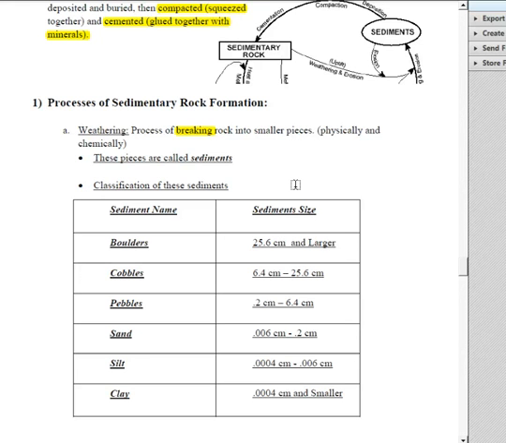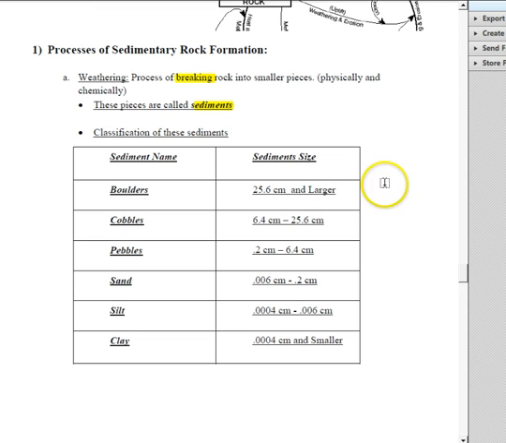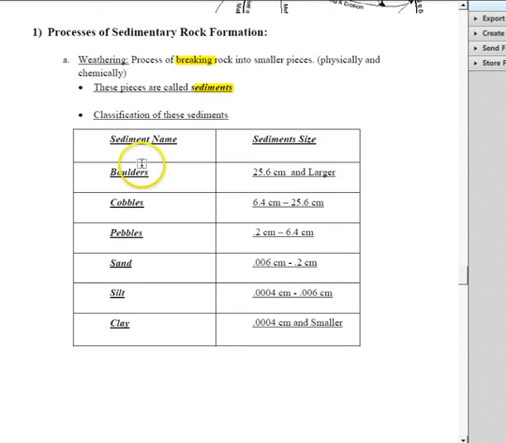Once that rock is broken down, we're going to be left with pieces that are called sediments. Okay, now sediments themselves are just these pieces of other rocks, but we can classify them based on their size. Okay, so size is going to be the determining factor, whether you call it boulder, cobble, pebble, sand, silt, or clay, which you can see in this chart.